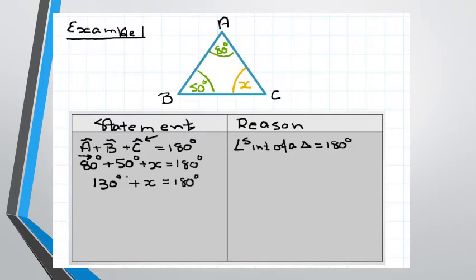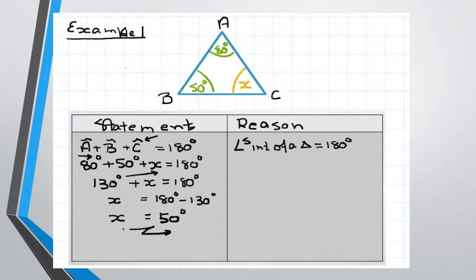Then I'm going to take the 130 degrees to the right hand side, where I'm going to have X equals 180 degrees minus 130 degrees. And if I subtract that, it's quite clear that X gives me a value of 50 degrees in that particular case.